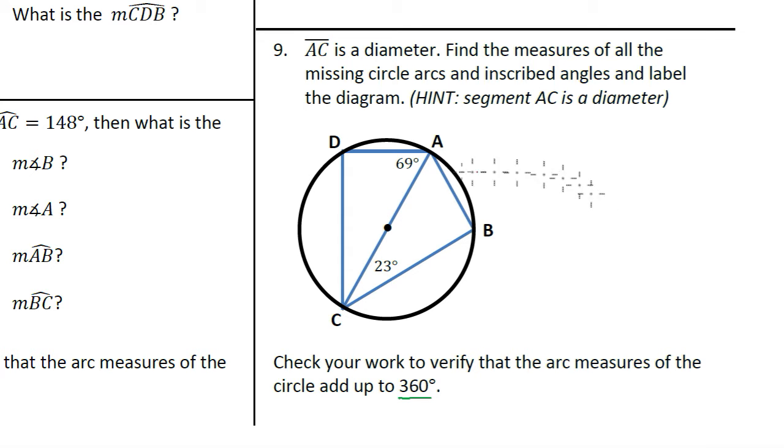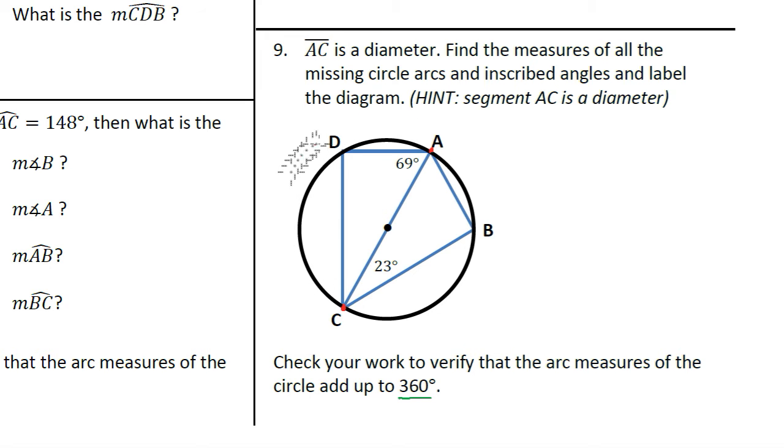So, first thing I want to see here is, if I've got a triangle inscribed in a circle, and I know that one of the sides of that triangle goes through the diameter, well, that means, class, that this inscribed angle ABC touches at C and at A, and this is a semicircle.